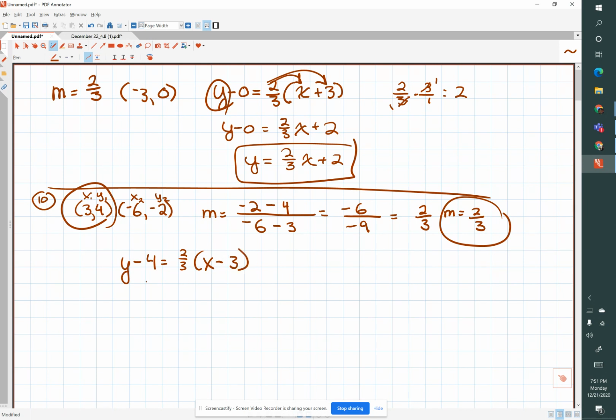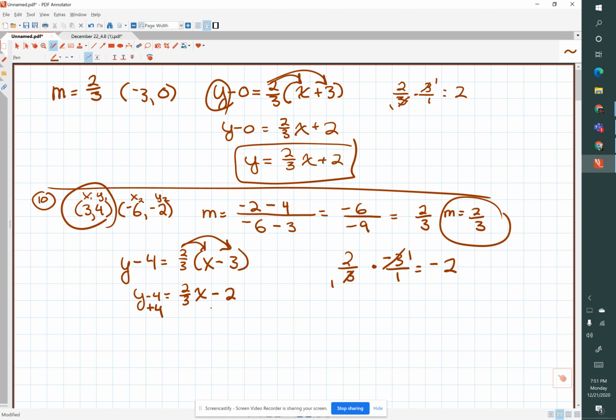So first thing we want to do is distribute the 2/3. So we have y minus 4 equals 2/3 x. And so if we're going to do 2/3 times -3, that would equal -2. So 2/3 x minus 2.